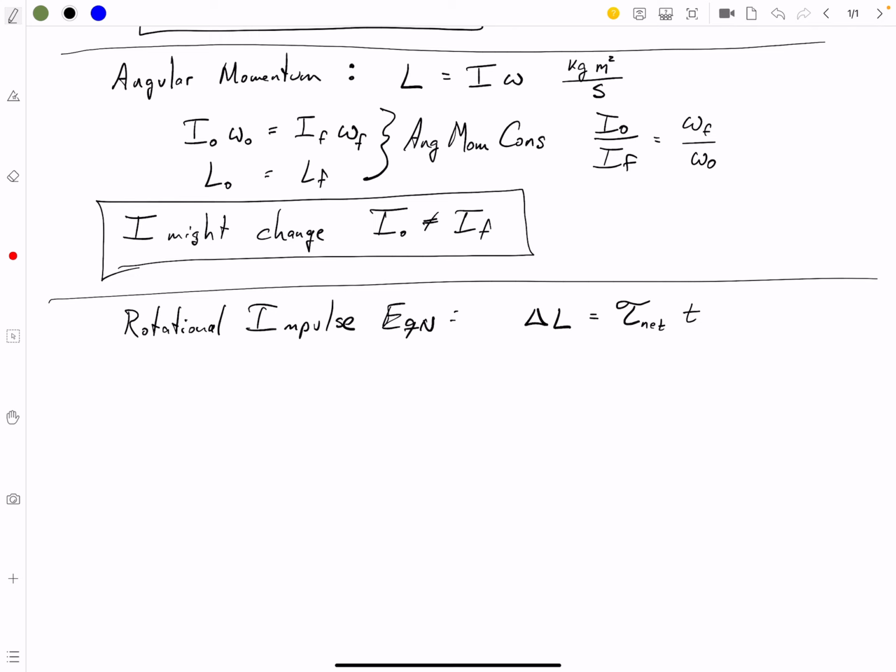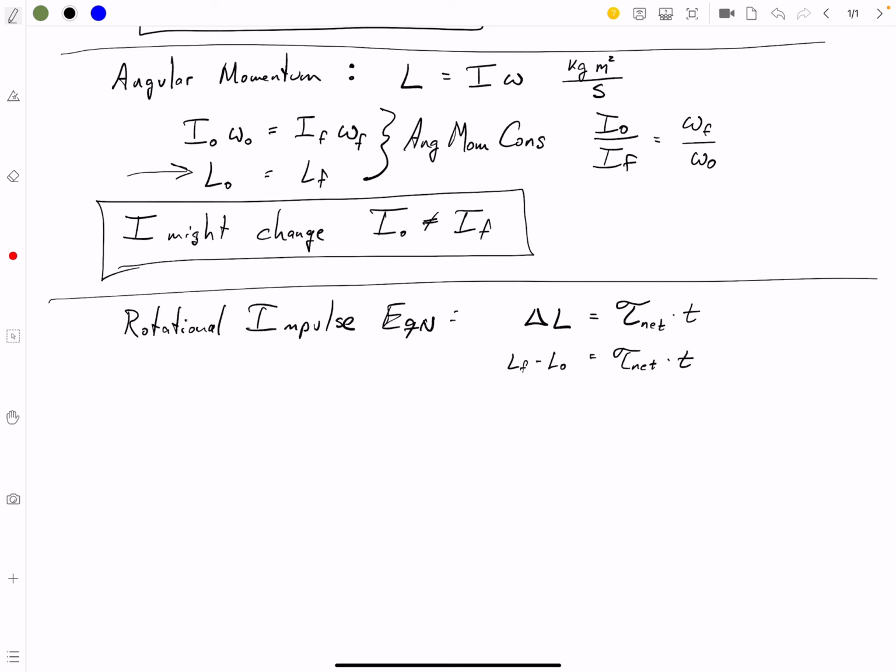Conservation of angular momentum: for this to happen, delta L, which is L final minus L initial, equals torque net times t.